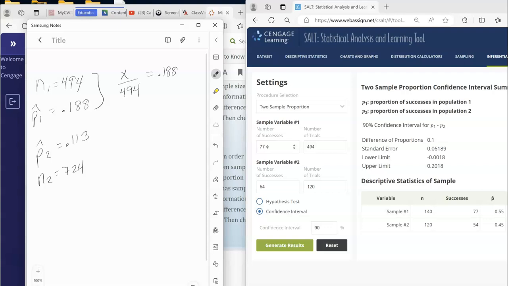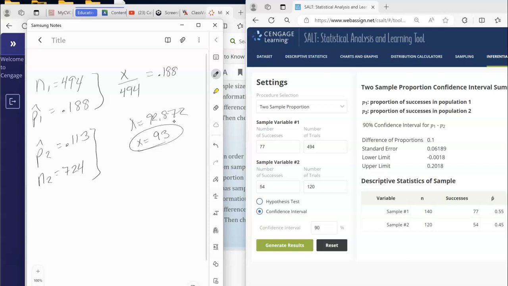Instead of dividing, we're going to multiply. And I'm going to do that on my calculator off screen, just because I've got so much going on screen. So I got 0.188, and I'm going to multiply by 494, and that's going to give me 92.872. And so I'm going to round that because we can't have 0.872. Let's go up to 93.